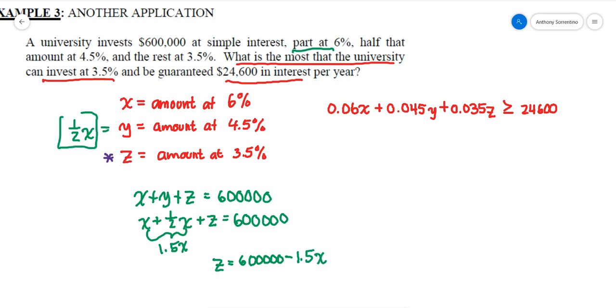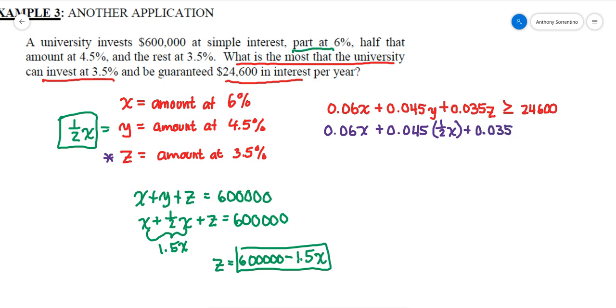Now I have everything in terms of x, which means I can substitute into this equation up here and say, okay, now I have 0.06x plus 0.045 times 1/2 x plus 0.035 times (600,000 minus 1.5x).